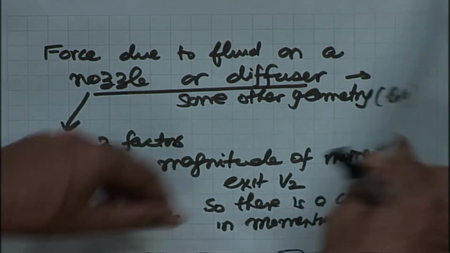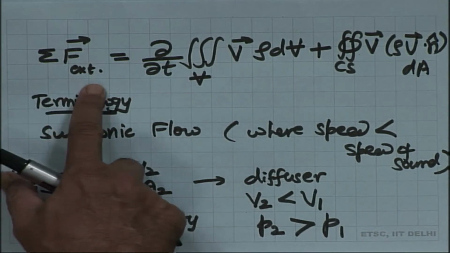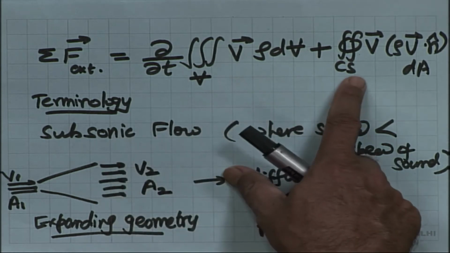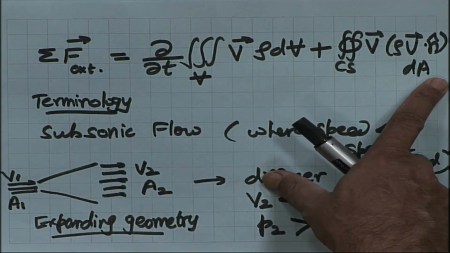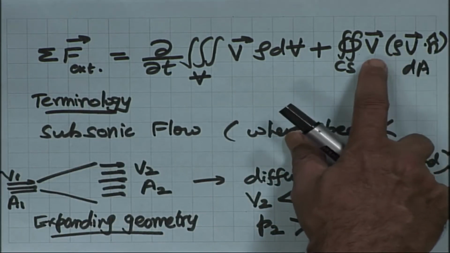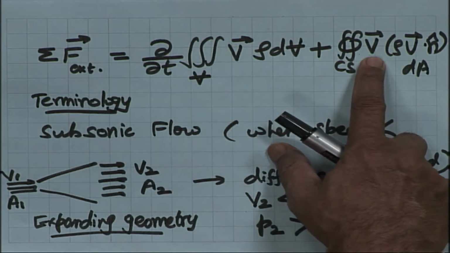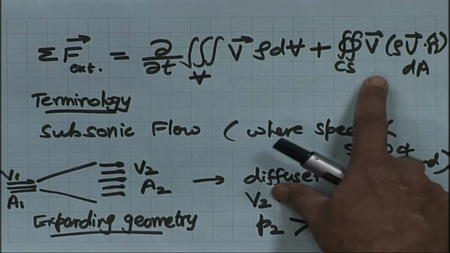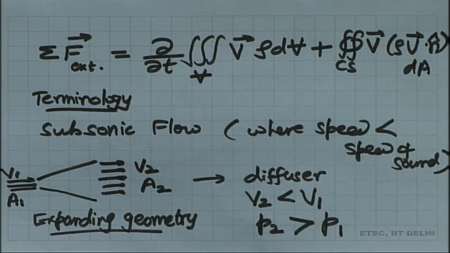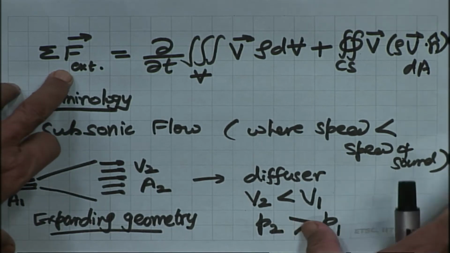Second cause of the force, if you look at the force equation, sigma F external is equal to the unsteady term plus the influx and the outflux term. Now, at entry and exit mass flow rate is the same, but this V is different, and this is what I talked of, that the momentum of the fluid coming in and the momentum of the fluid leaving are different in magnitude. So, therefore, this term is non-zero, and there is another non-zero term, and that is because of the external forces.